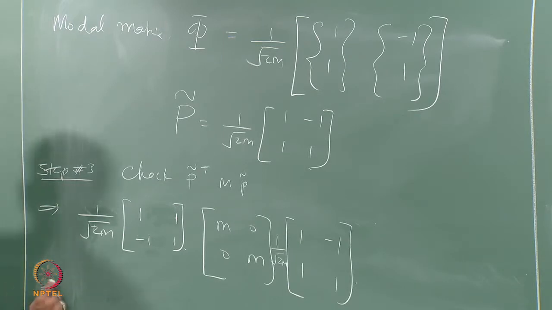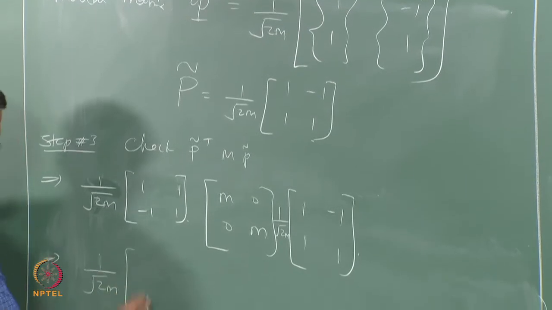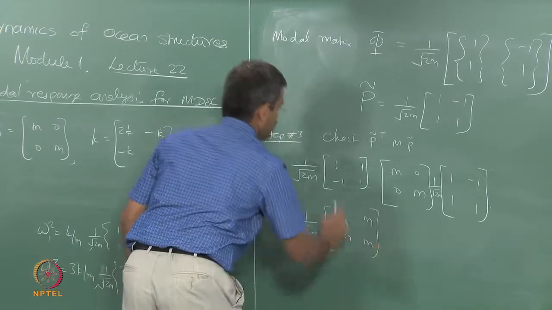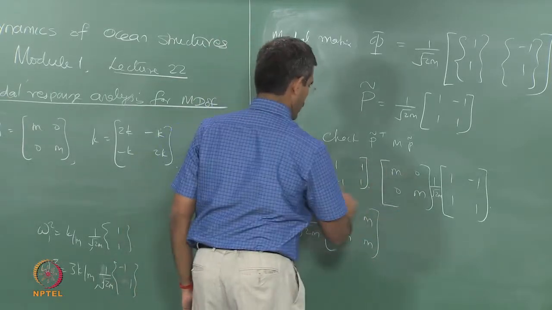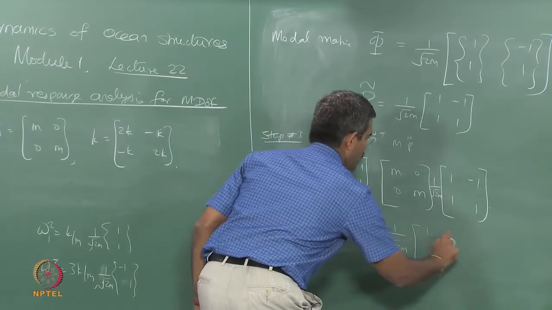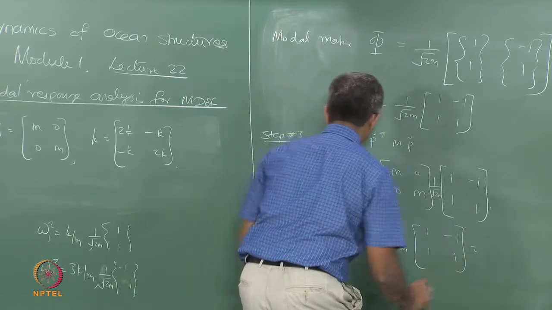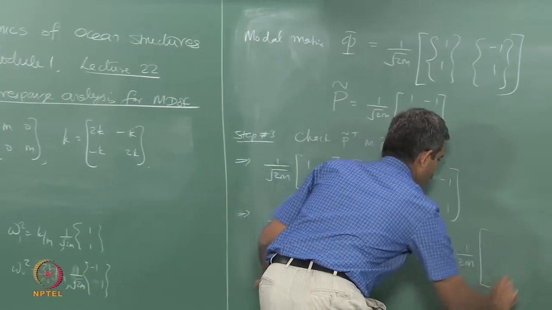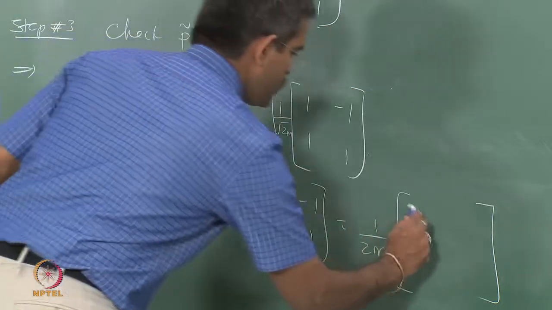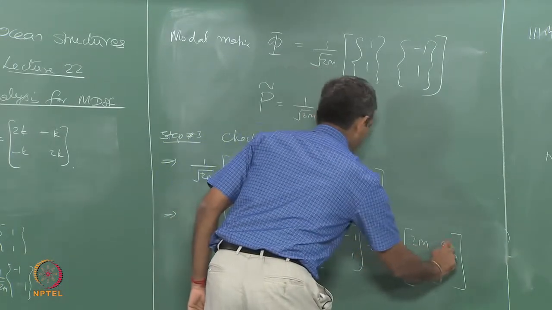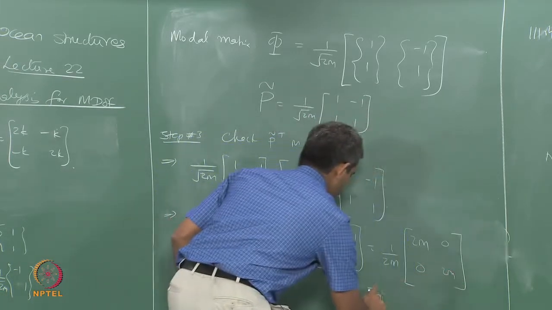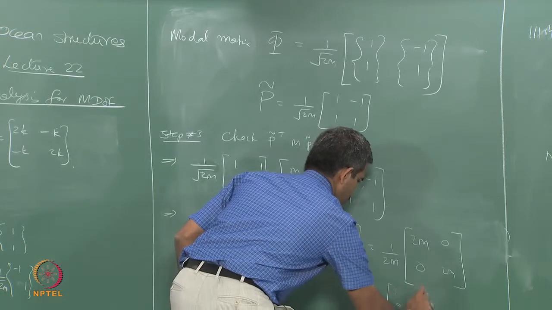So, this will be 1 by root 2M of M minus M M, times 1 by root 2M of 1 minus 1 1 1, which will give me 1 by 2M of, which will become, is it not?